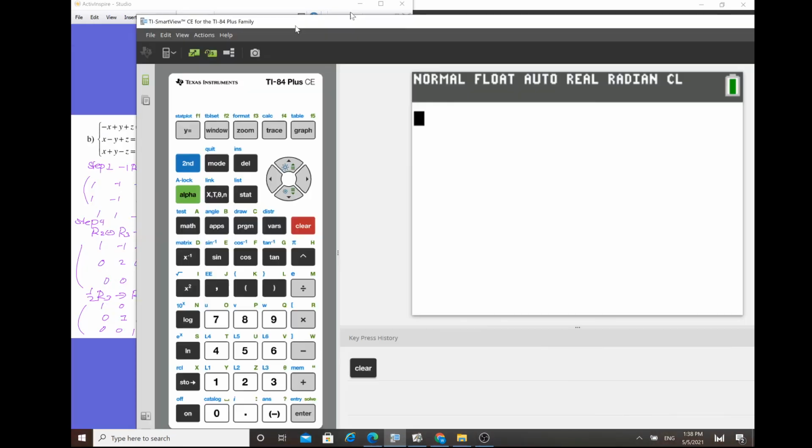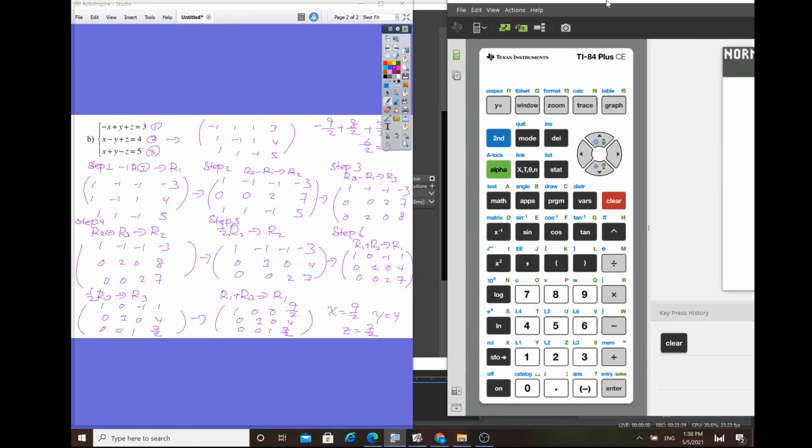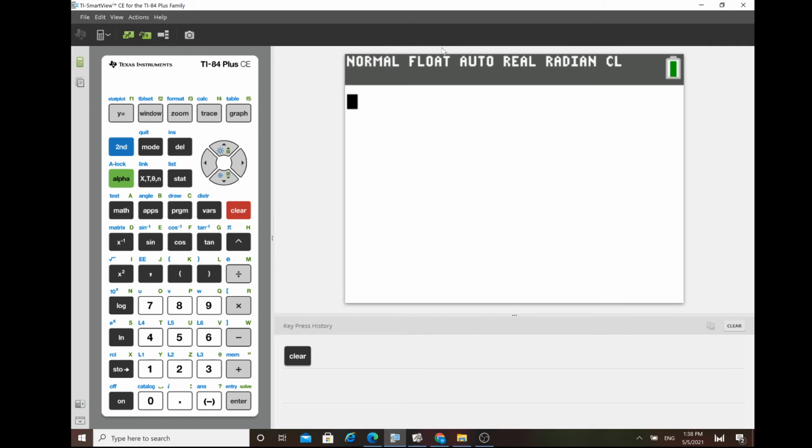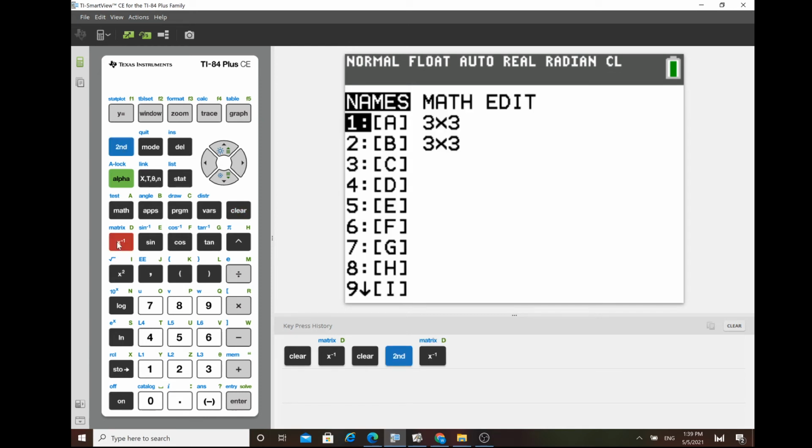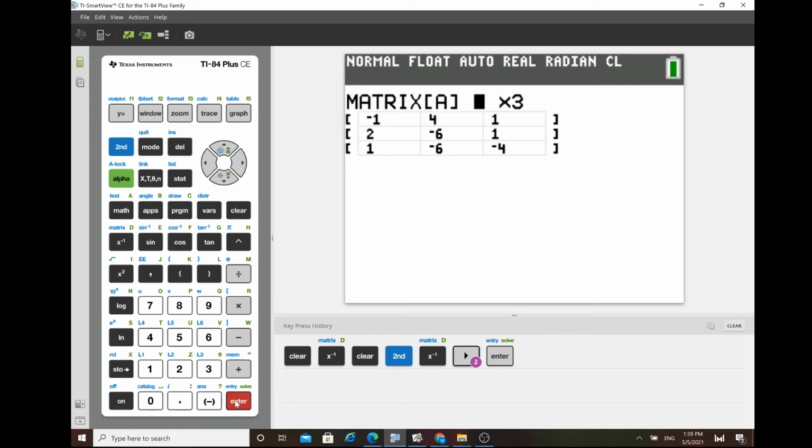Okay, so showing the augmented matrix, what we got here. You want to go to matrix, second matrix, and edit it. This one is a 3 by 4.